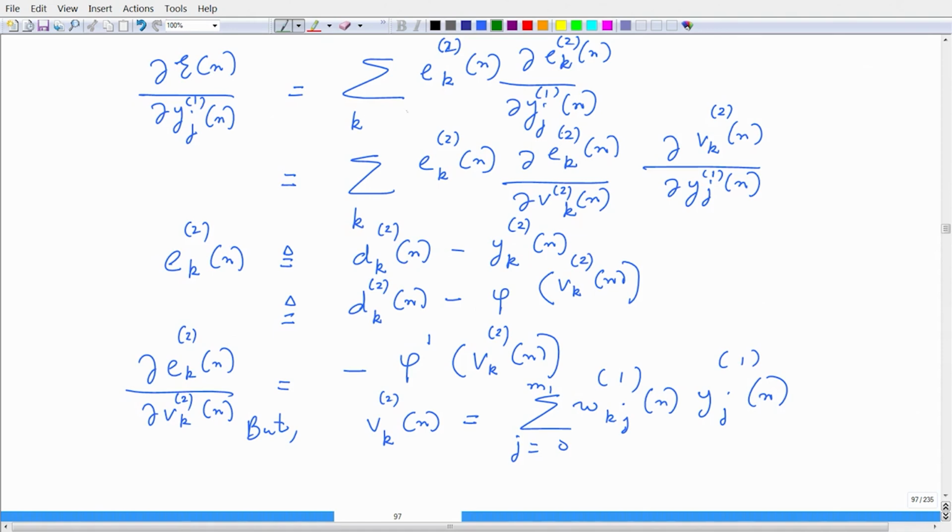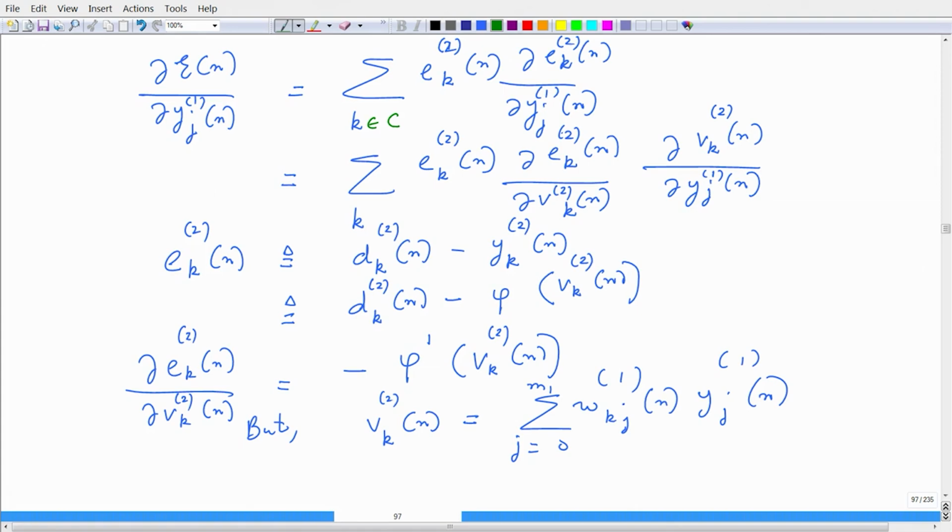So we take the partial, so it is summation over all k belonging to the set of output neurons, e_k of n, where k belongs to the output neuron, e_k of n in layer 2, times the partial derivative of the error with respect to the functional signal at neuron j in the hidden layer.